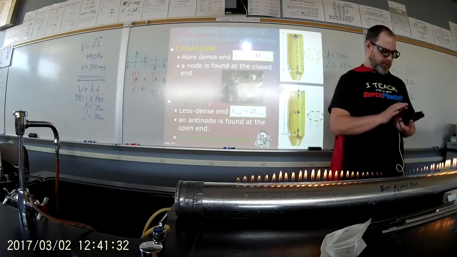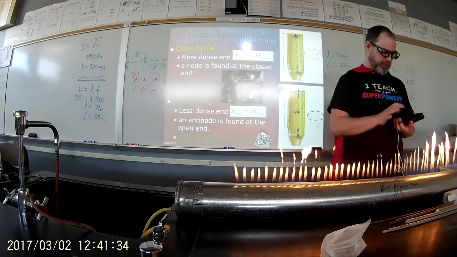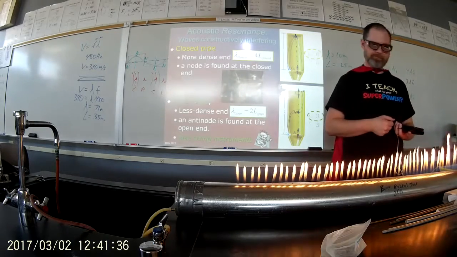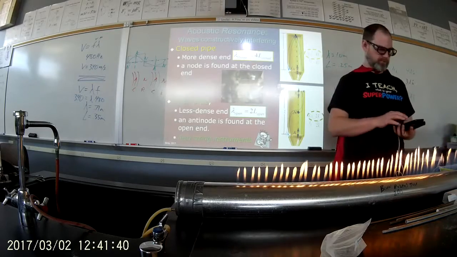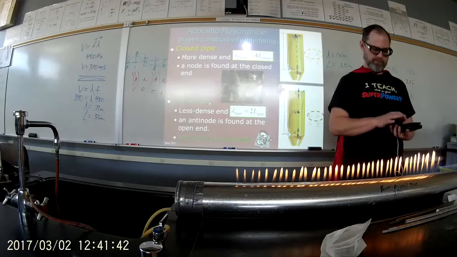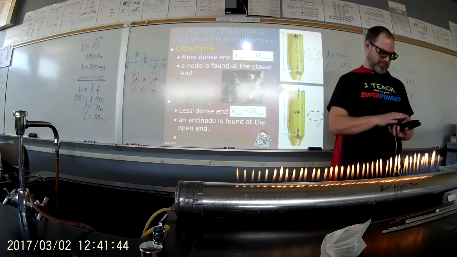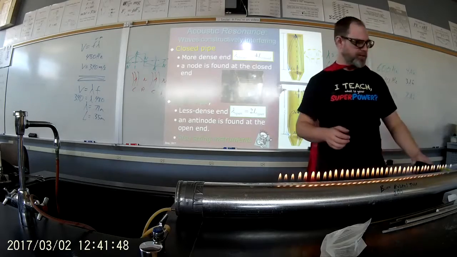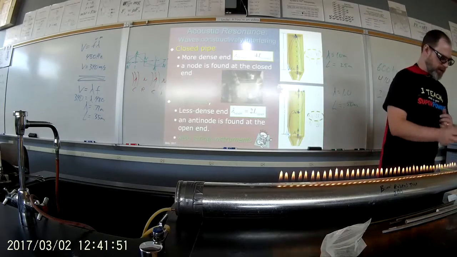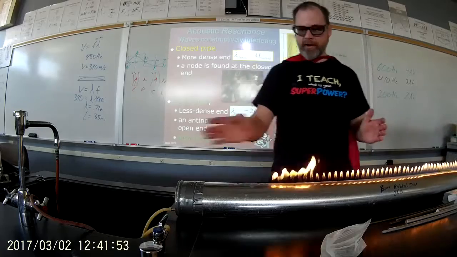The problem is I can't really show that because there's so little energy. This is what happens. You can see a little bit of an antinode right here. That's how it works. You build up a wave, and the sound is basically creating a standing wave in the column.